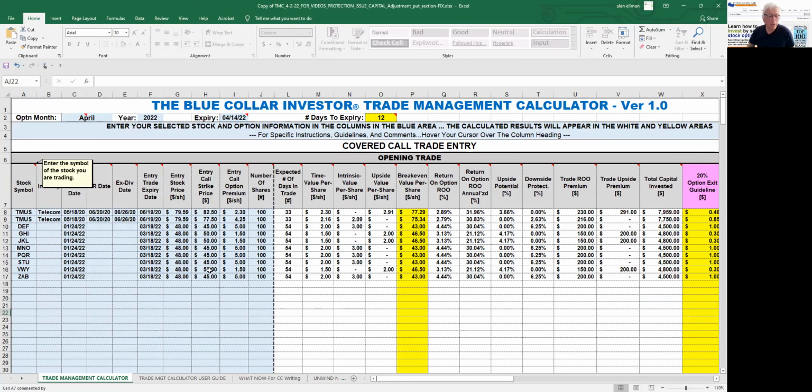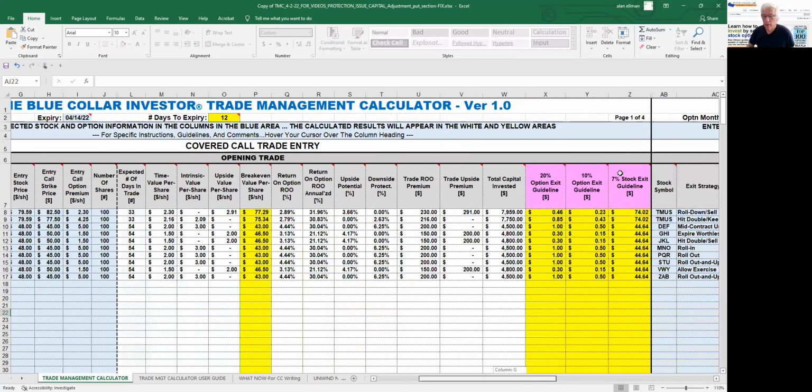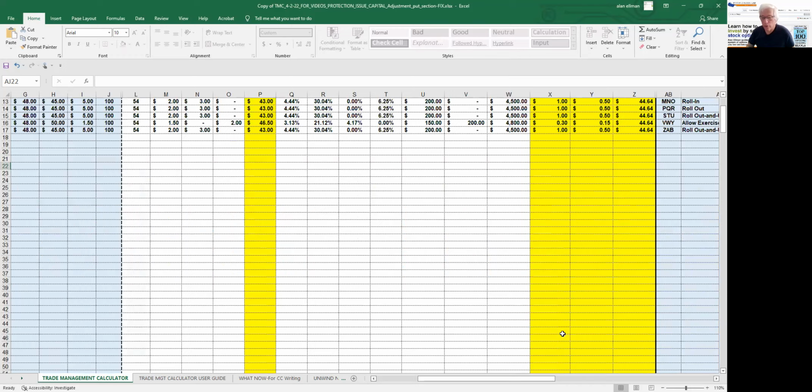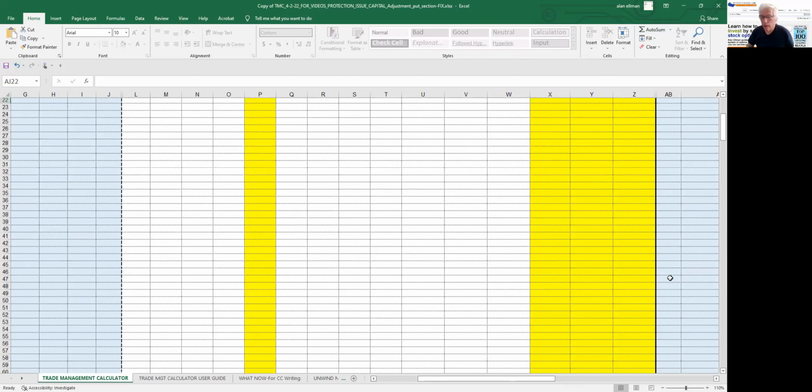So starting with stock symbol through 7% guideline. That will be page 1 of the printout. It'll also show you the capital adjustment section, which we'll get to, and the initial portfolio returns. So that will all be on page 1.